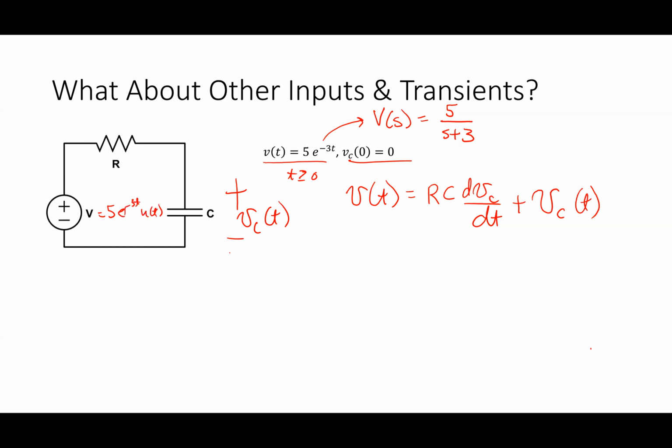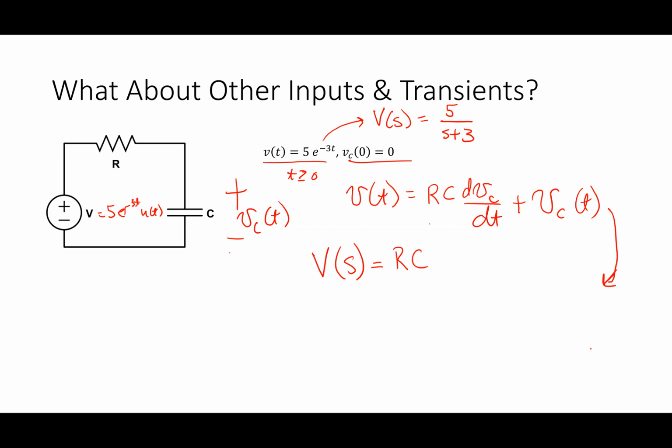So if I have that, I take the Laplace transform of both sides of this equation. And I can then solve for the Laplace transform of the output, which in this case is the capacitor voltage V sub C. So if I take the Laplace transform of both sides, basically I'm saying that v of t is represented by its Laplace transform V of s.